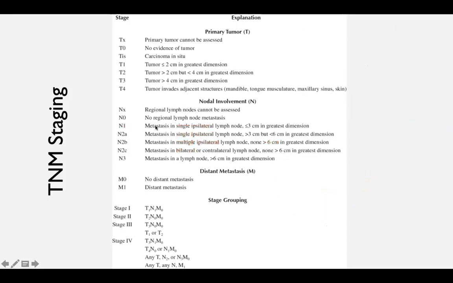So how to remember? N1 is single ipsilateral and 2A is also single ipsilateral. 2A is closer to 1 as compared to 2B and 2C. So both of them are ipsilateral, single lymph node on the one side, but the change is in the size. Here it is less than or equal to 3 centimeter, but there it is 3 to 6 centimeter.